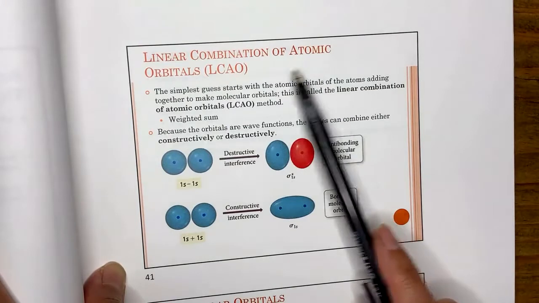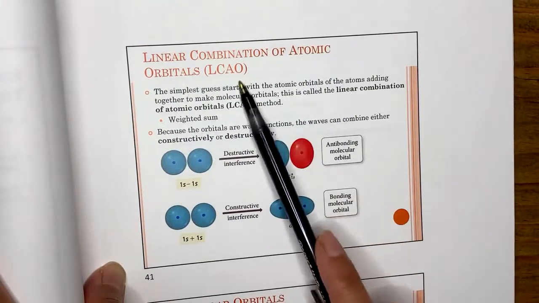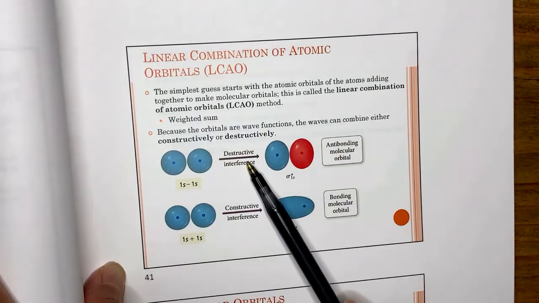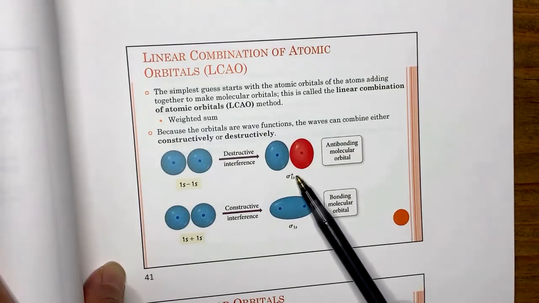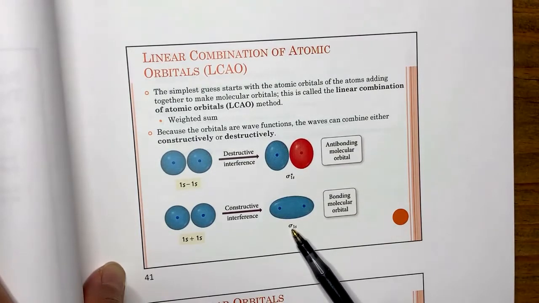When you combine atomic orbitals, they call it linear combination of atomic orbitals. That means you take the atoms, you combine them, and you have 2 options. If it's destructive interference, you get an anti-bonding molecular orbital. Anti-bondings have a star next to them. Bonding molecular orbitals are stable, are lower in energy, and have no star next to them.